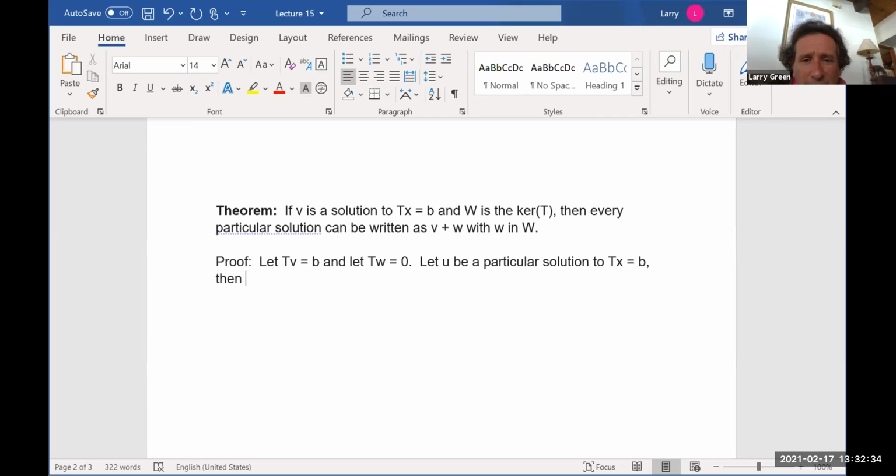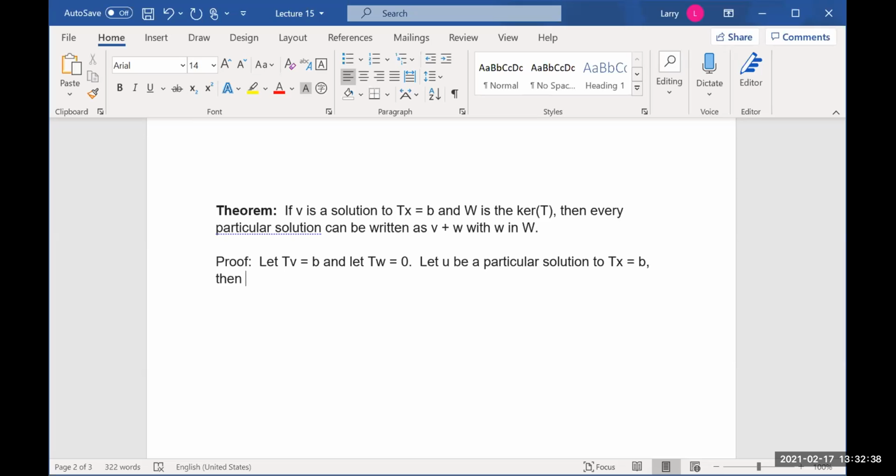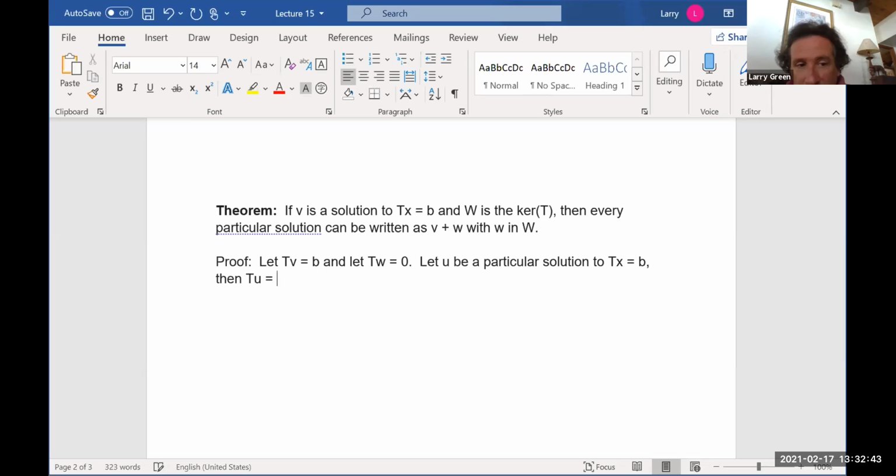What does it mean to be a particular solution? That T of u equals b. Because that's what particular solution means. It means if you plug in, you get b, whereas homogeneous means if you plug in, you get 0. So you've got to get those words down. The vocabulary is sometimes the hardest part.